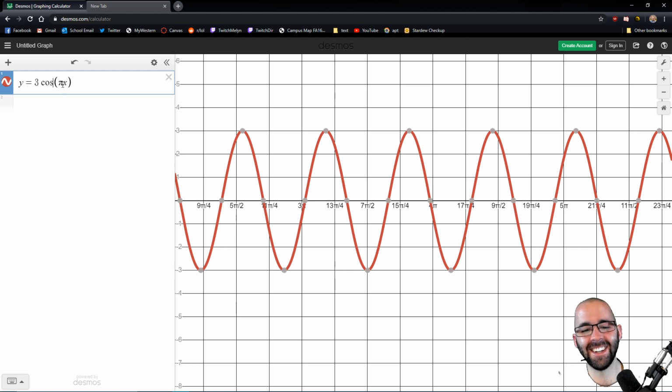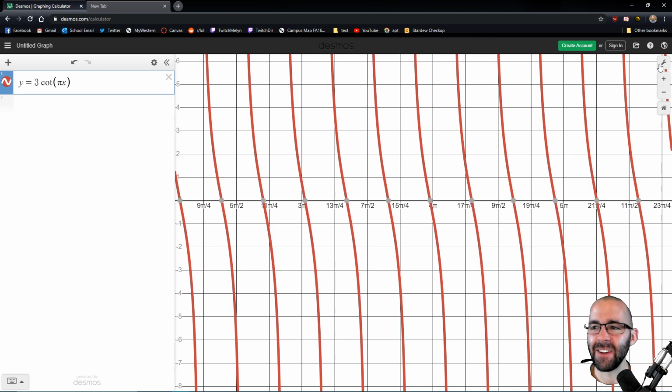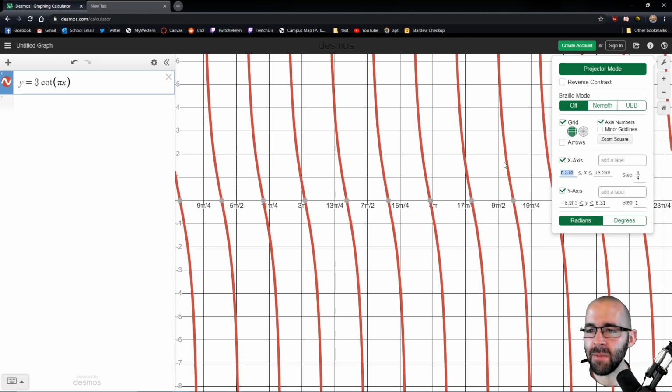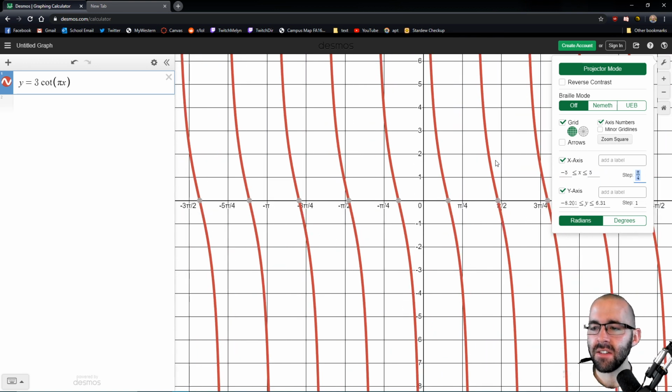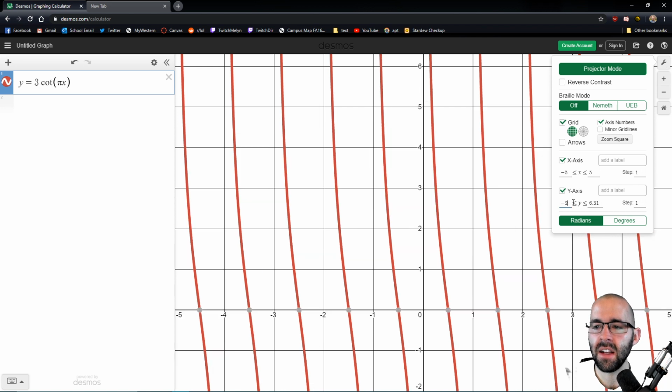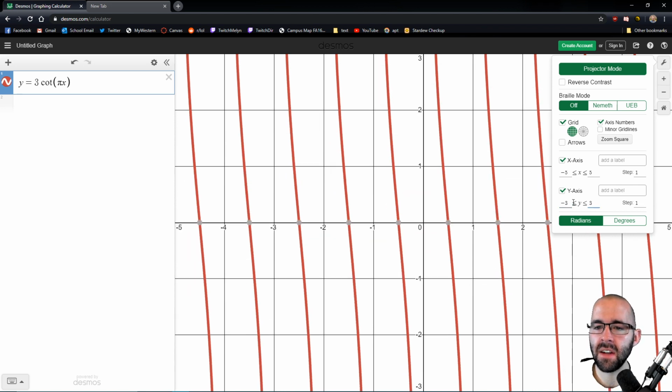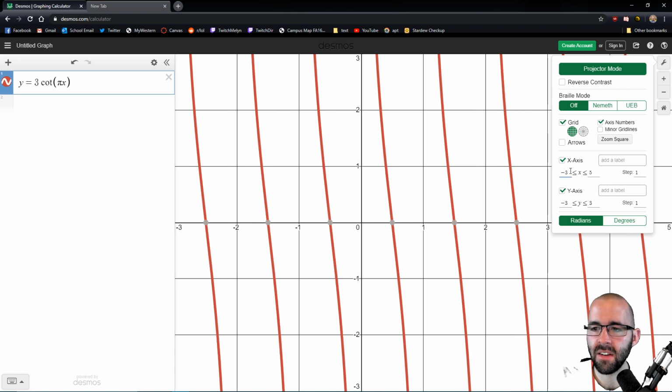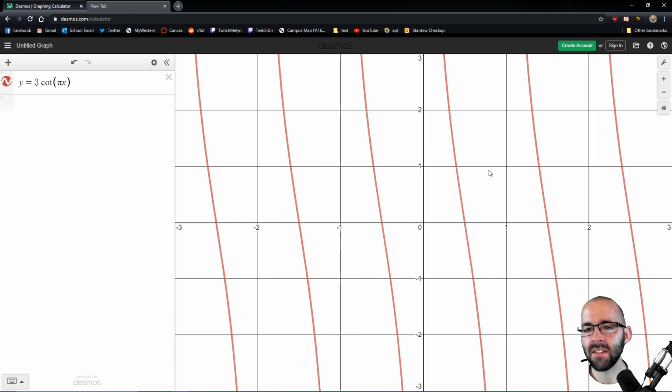All right, and let's look from -5 to 5 with step size 1, and then maybe say -3 to 3 or something. Oh, this is too big of an x thing.